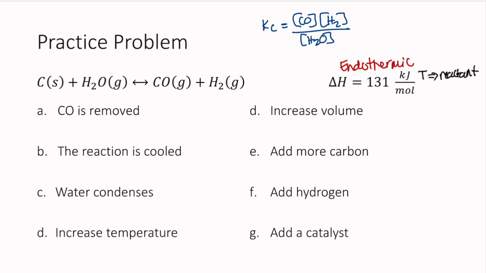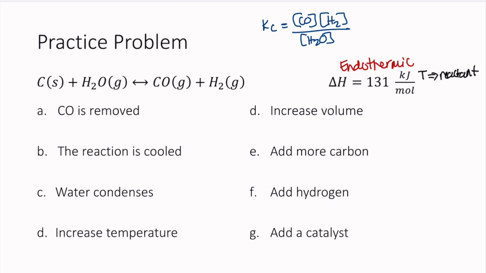All right. Carbon monoxide is removed. So carbon monoxide is a product. If I decrease this, then I'm going to have to shift it towards the reactants in order to keep our system at equilibrium.